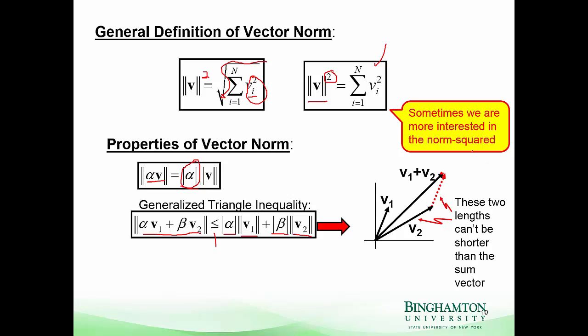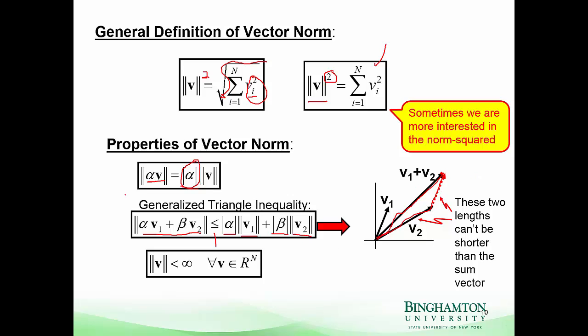All this inequality is saying is that if I traveled from the origin out to the tip directly along that vector, despite my mouse action being a little shaky there, I would travel less distance than if I went along v2 and then along the translated v1. That's what the triangle inequality shows, and it's just a generalization of the triangle inequality that you learned in 2 dimensions, probably in your geometry class in high school.